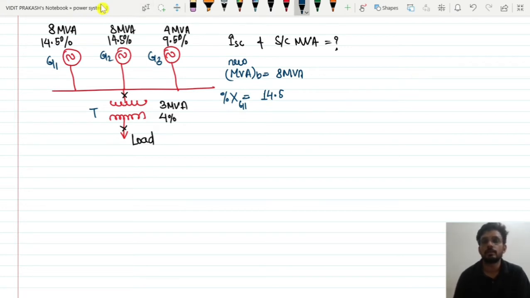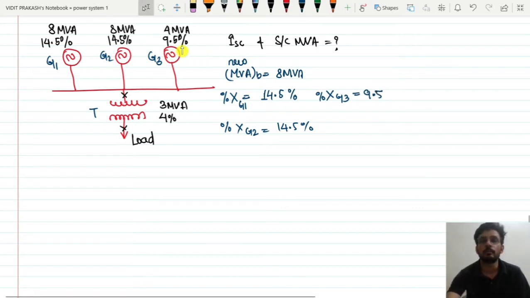Same as that, the percentage reactance of G2 is also 14.5%. The percentage reactance of G3 will be equal to the old percentage reactance they have given, 9.5, into the new MVA value, that is 8, divided by the old MVA value, that is the rating of the generator they have given.